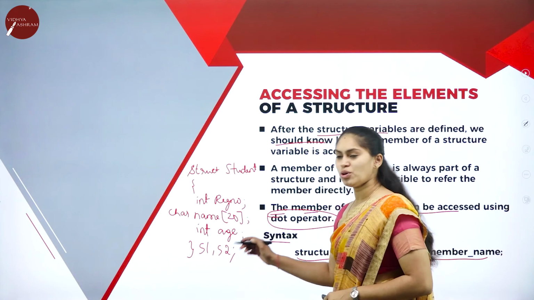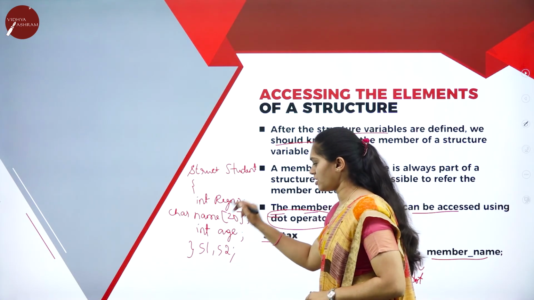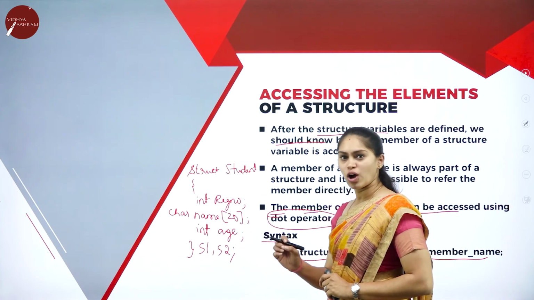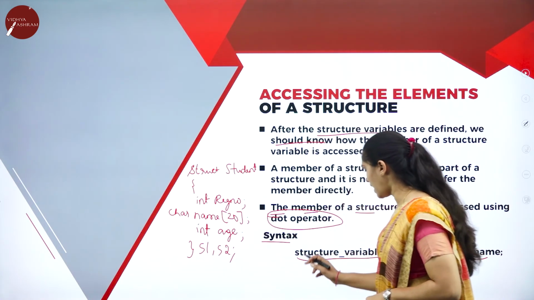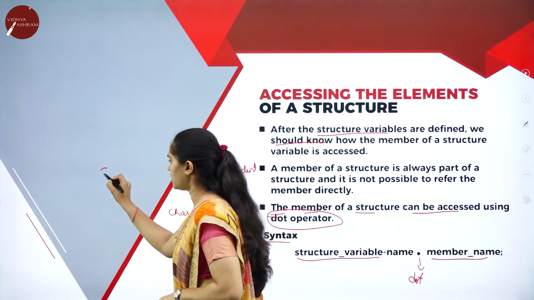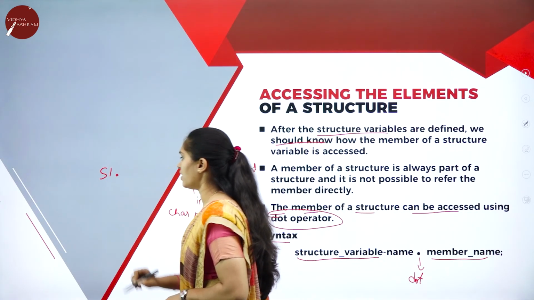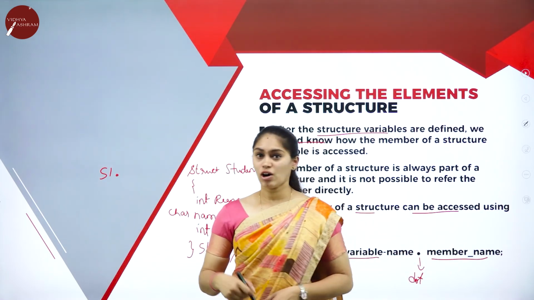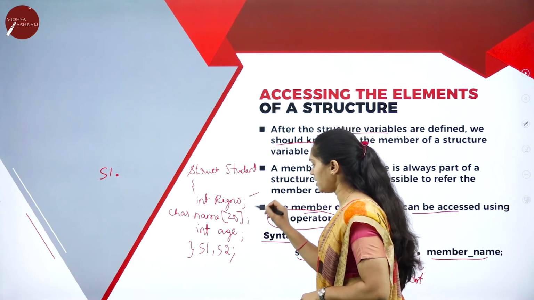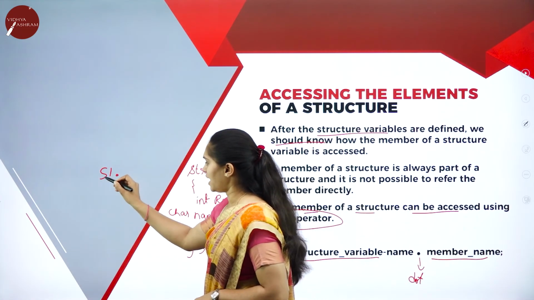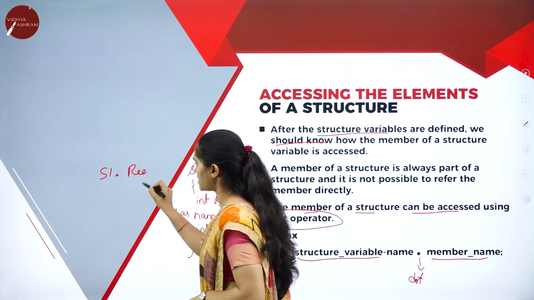Now I want to access the value of the register number of student 1. How can I access it? That too with the help of the dot operator. What is the syntax? I have to write the structure variable name, that is S1, then a dot operator, then the member name. How many members do I have in a student? 1, 2, 3. Since I want the register number, I write S1 dot register number.